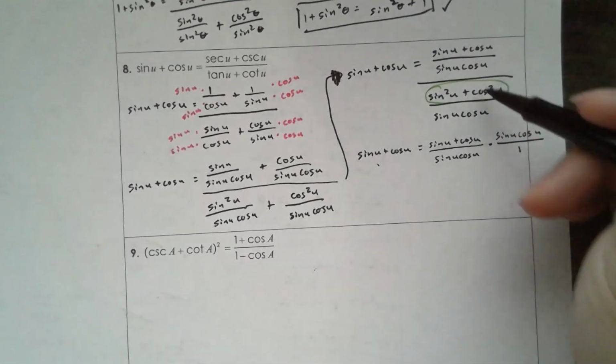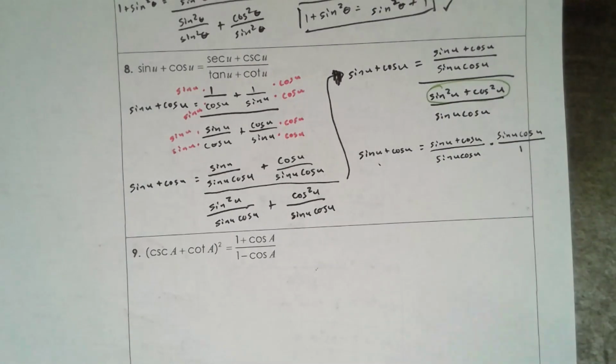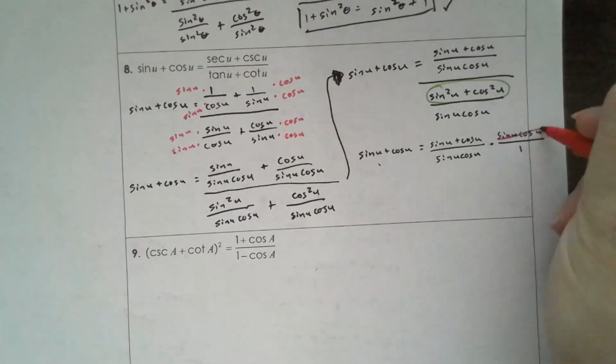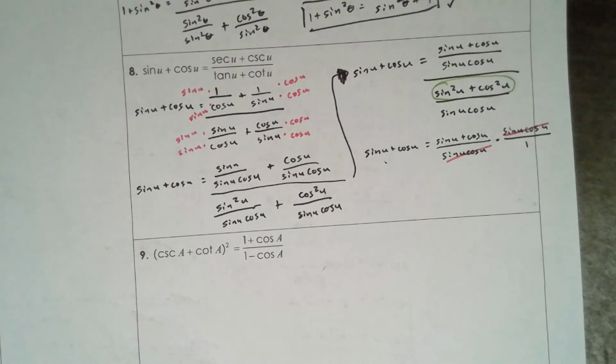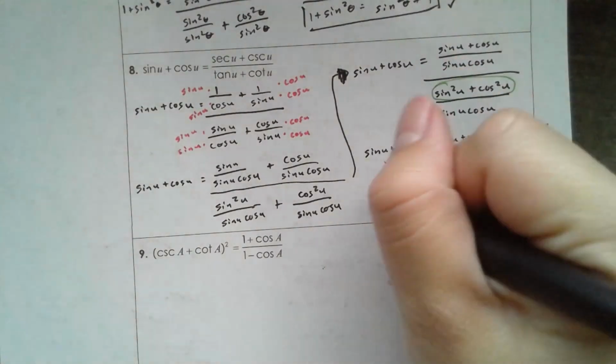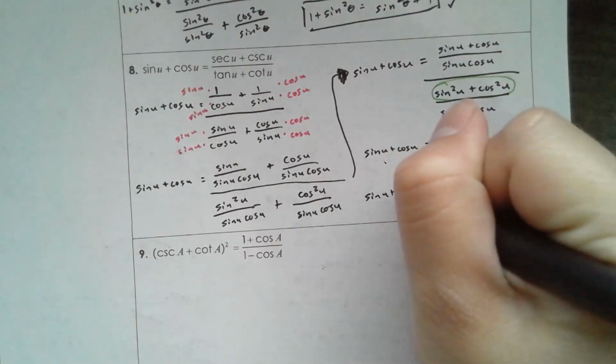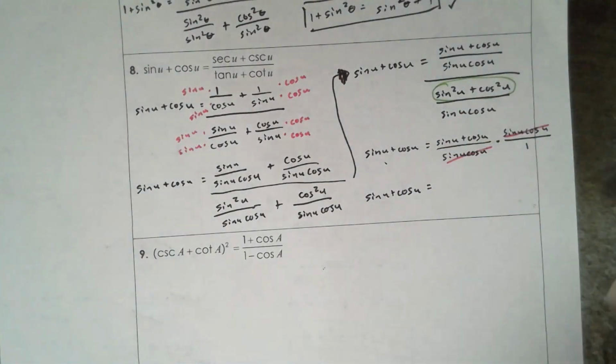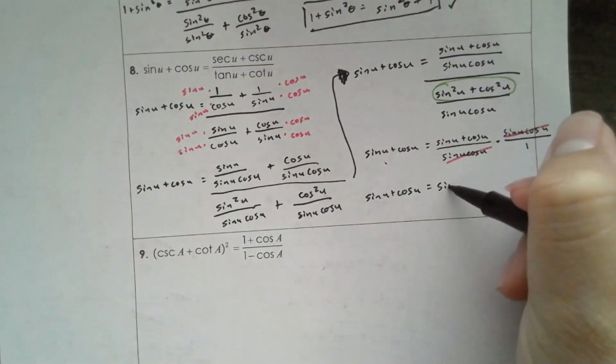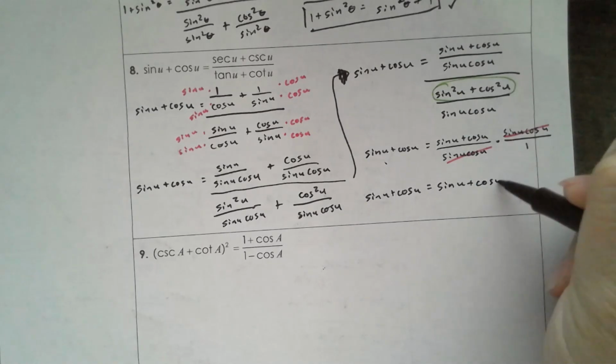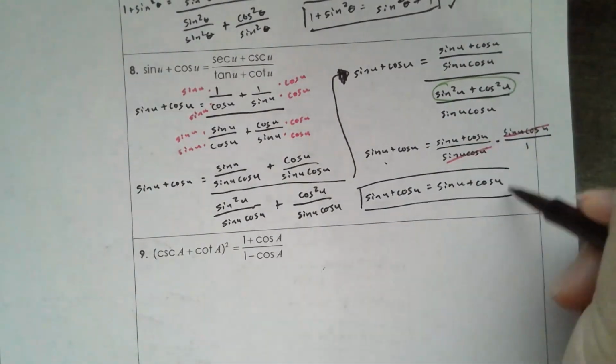Notice then these guys will cancel, and so you're going to have sine u plus cosine u is equal to sine u plus cosine u. There you go. Got them to be the same. Okay. Let's see.